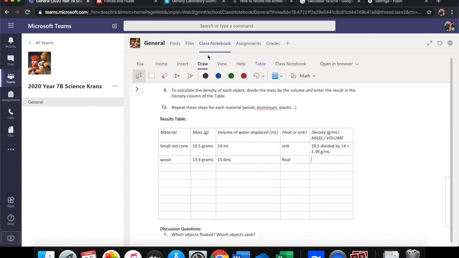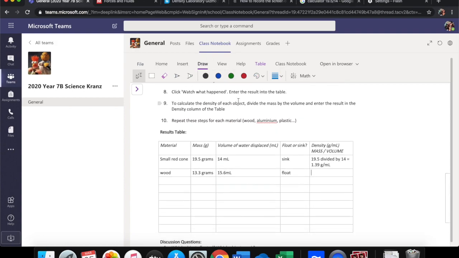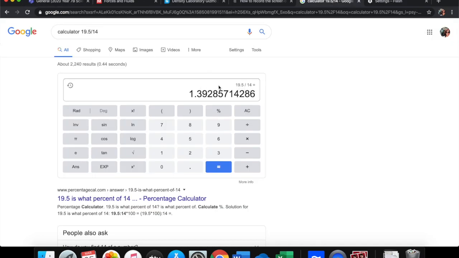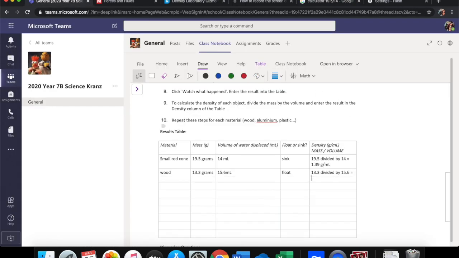Now its density would be 13.3 divided by 15.6. You have a calculator. 13.3 divided by 15.6 is 0.85 grams per milliliter.